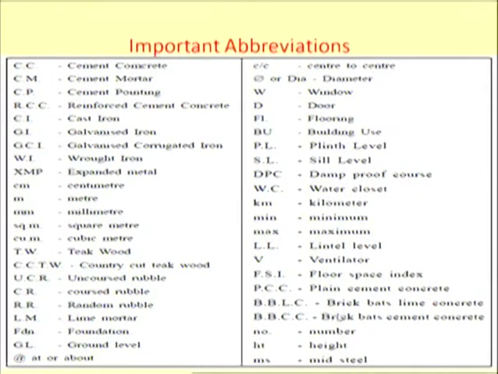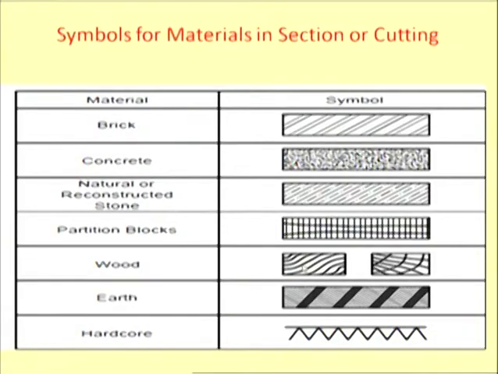If they are not burnt in the kiln, they remain clay bricks, and after you burn them, you are giving the heat. So it is called the burnt brick cement concrete. NO is for the number, ST is for the height, MS is mild steel. So these are the different conventions which are universally accepted. So these are the symbols of the materials.